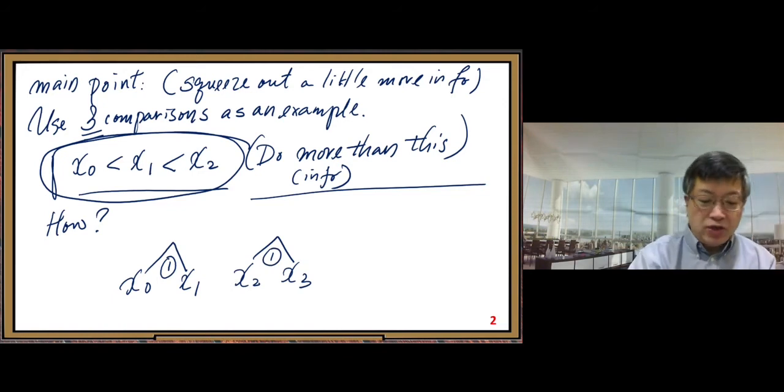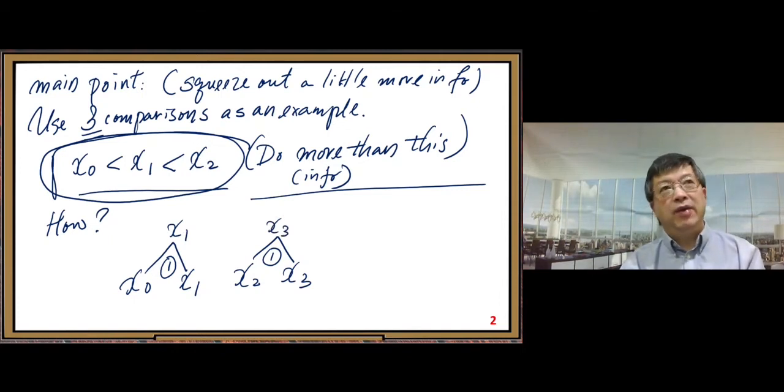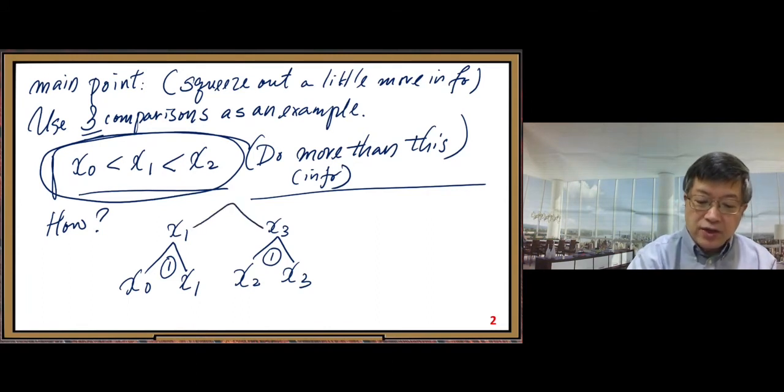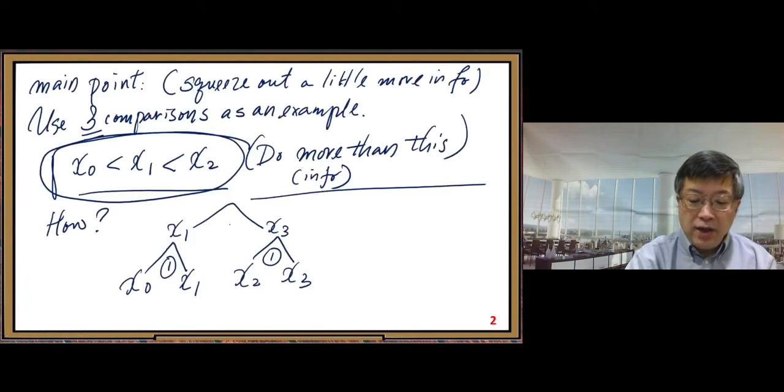Suppose I assume X1 is the winner. Okay? Suppose I assume X3 is the winner. Otherwise, we just swap. Okay? All right. My third comparison, I want to compare X1 and X3, so I need a third comparison, right?